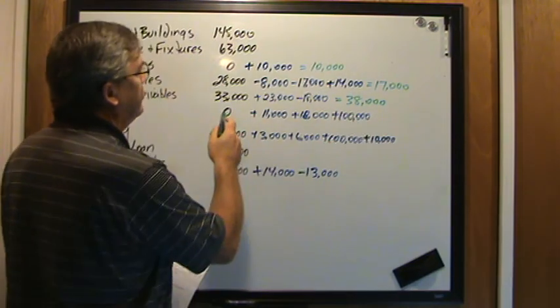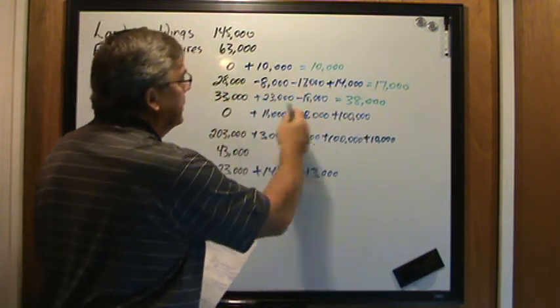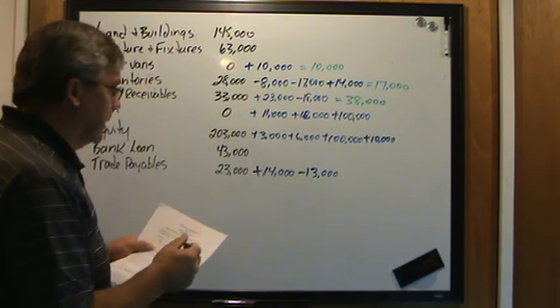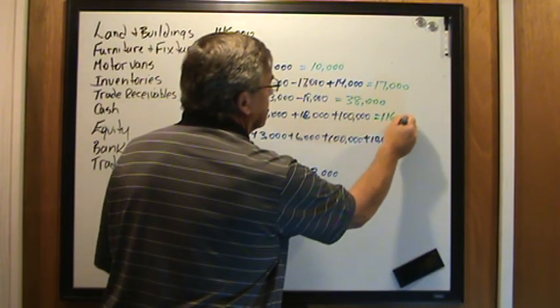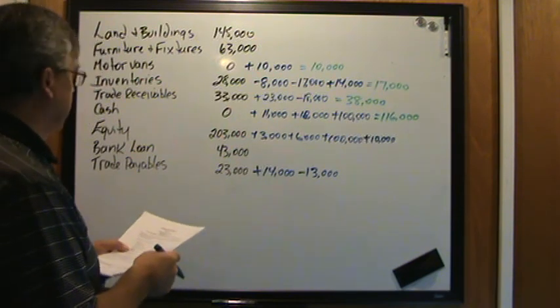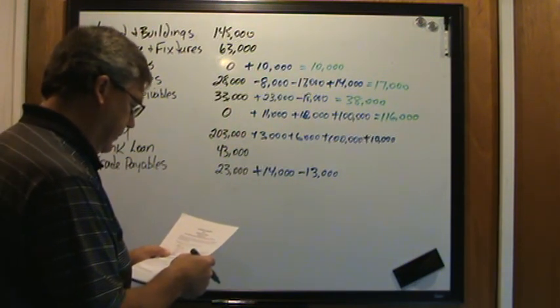Okay. When you add these up, of course, you have to start with the beginning balances, and everything gets added up across. Cash turns out to be 116,000. Equity is 119,000.